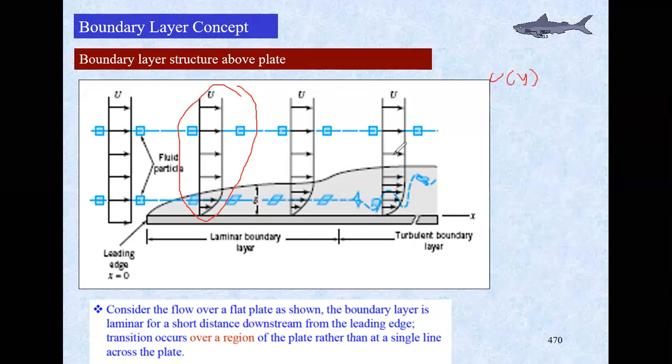So the boundary layer concept is important because it divides the velocity distribution within the boundary layer, and you can assume the free stream velocity above it.